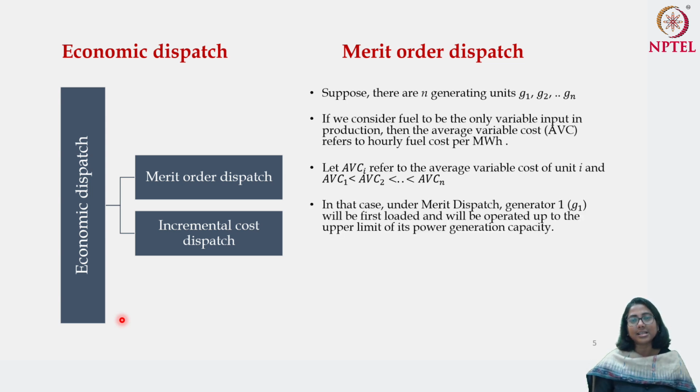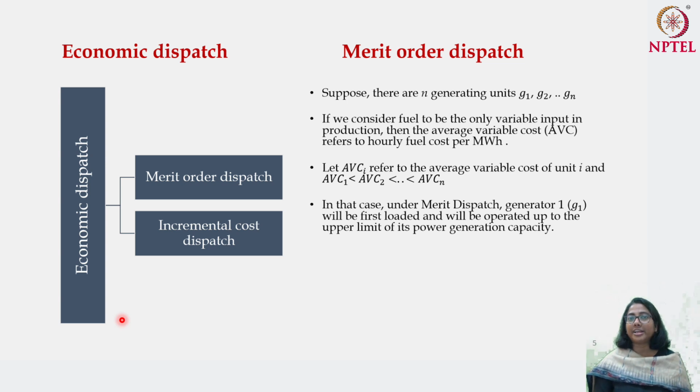If that is the case, then under merit order dispatching, generator 1 will be loaded first, and it will be operated up to a point which touches the upper limit of power generation capacity of generator 1. So generator 1, which has the lowest average variable cost, will start working, and it will work up to the point where it touches the maximum capacity utilization. So this is the first thing.